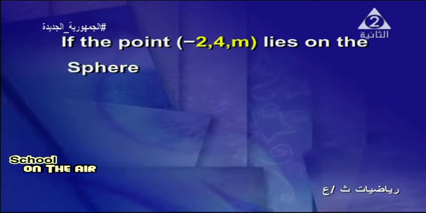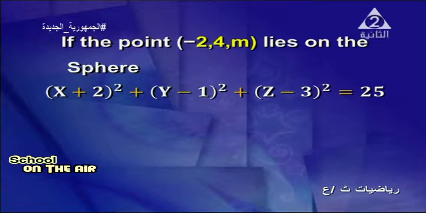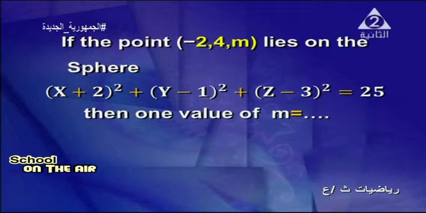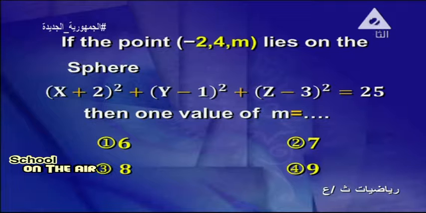If the point (-2, 4, m) lies on the sphere (x plus 2) all power 2 plus (y minus 1) all power 2 plus (z minus 3) all power 2 equals 25, then one value of m equals, choose the correct answer: 6, 7, 8, 9.